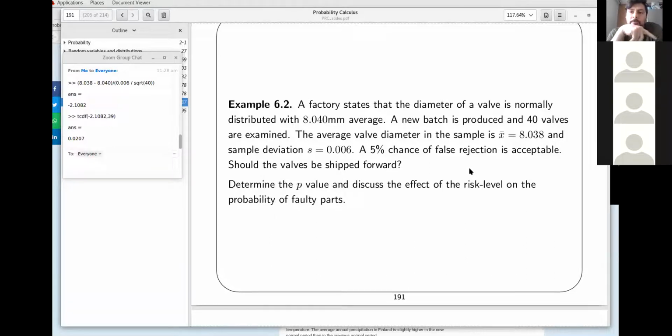If we decrease our chance of false rejection, the smaller this value is, then the larger the value is for falsely accepting, and vice versa.